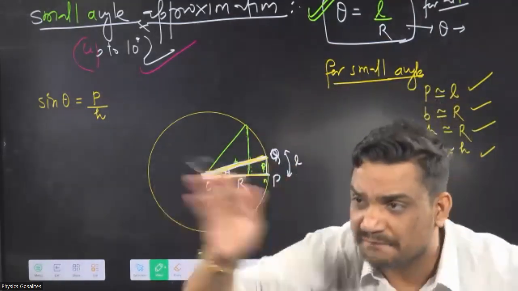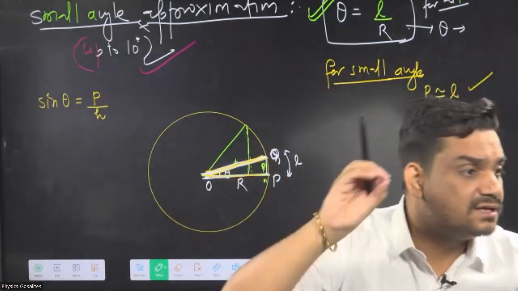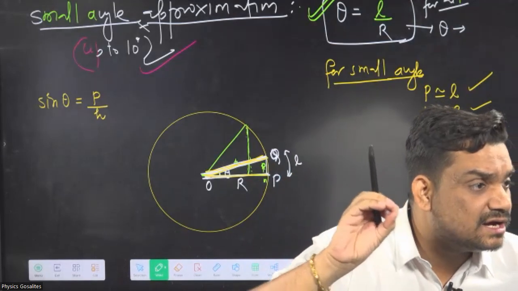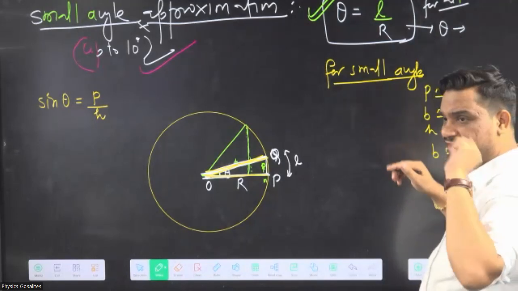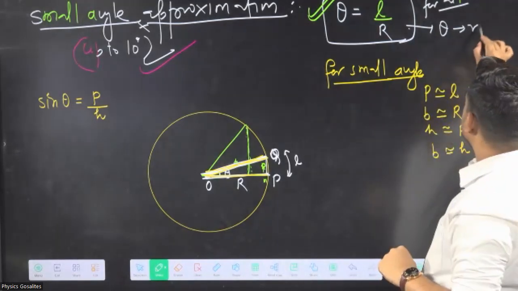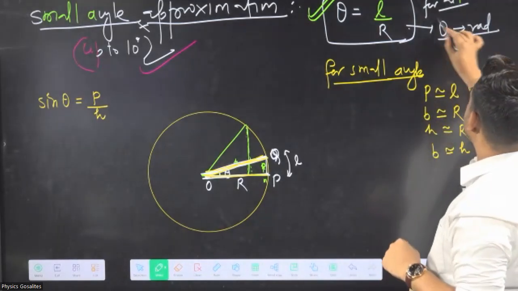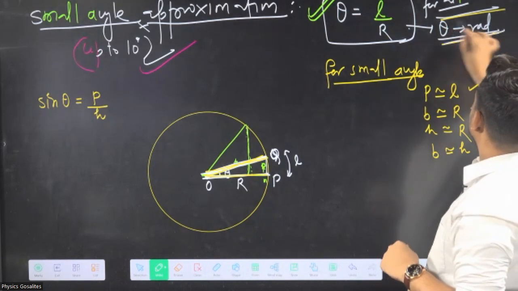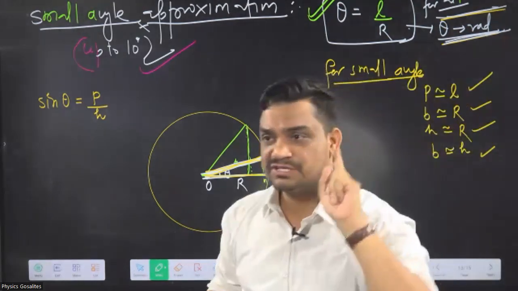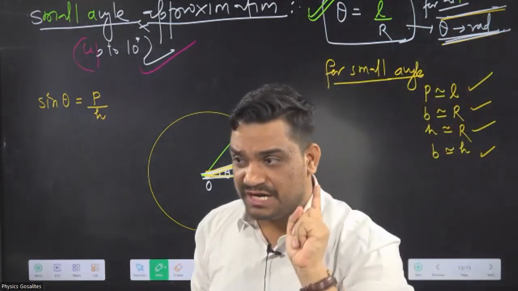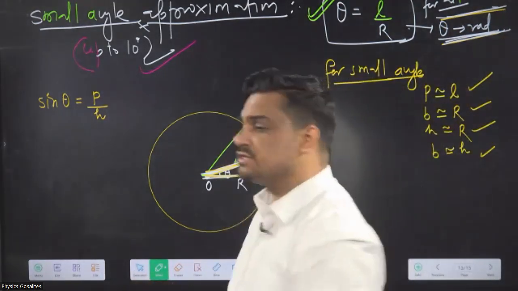Should theta be in degrees or radians? Theta should be in radians all the time. Clear? Everyone remember. Otherwise, after 2 classes, people forget what you said. Theta must be in radians whenever I'm writing theta equal to arc by radius.